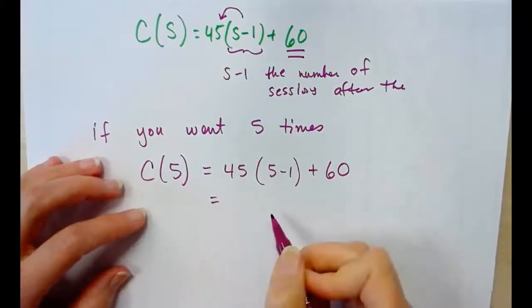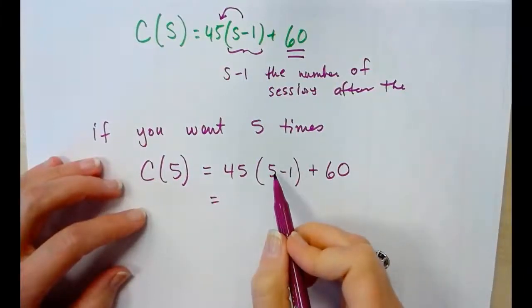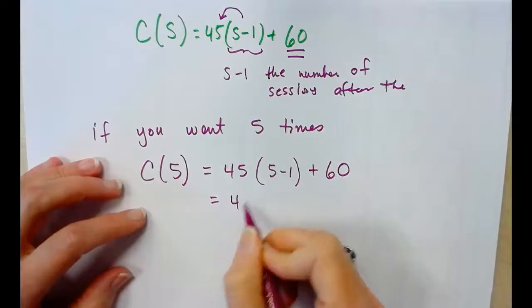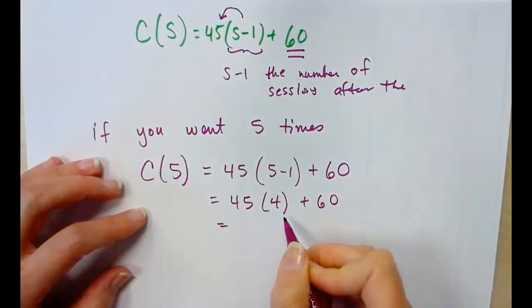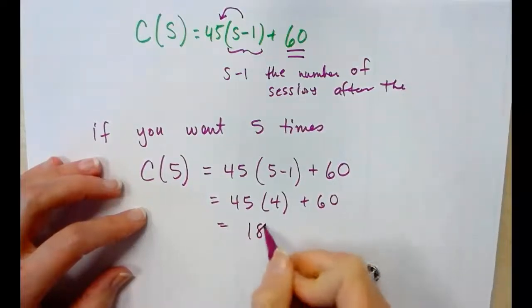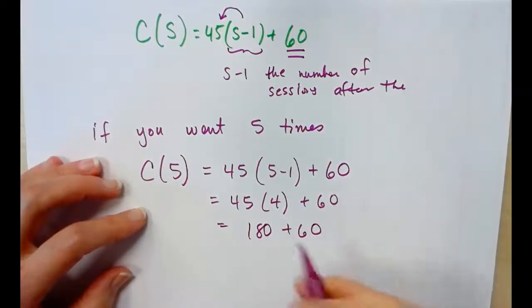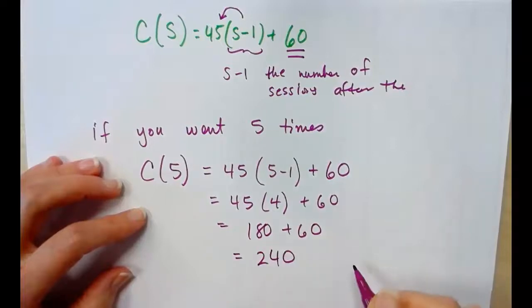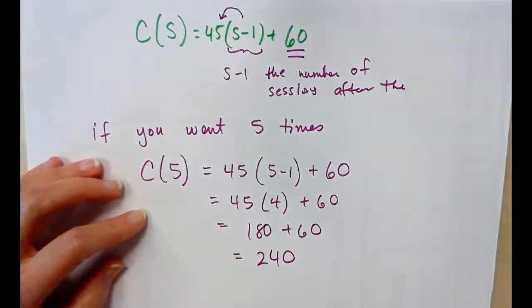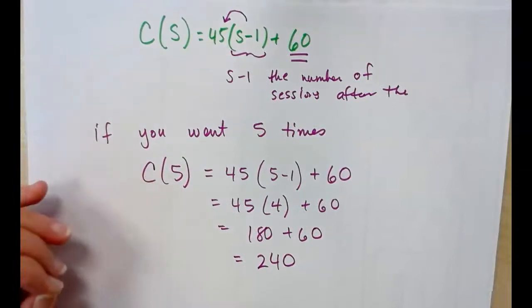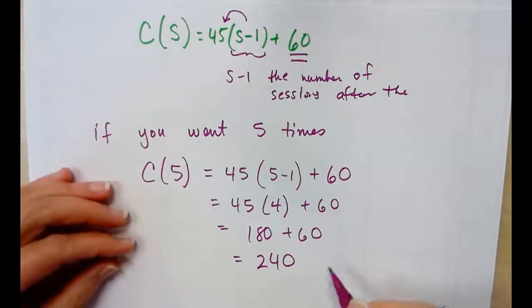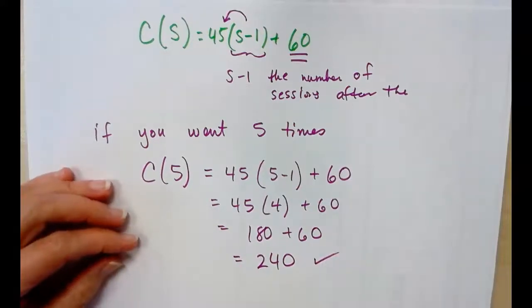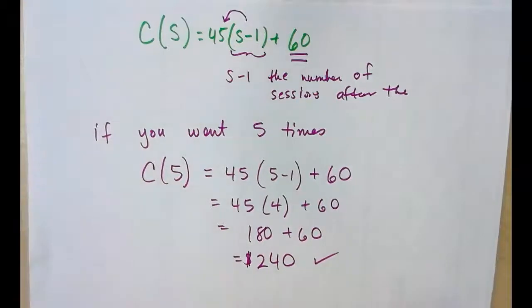So follow order of operations, do what's inside the grouping symbols first. 5 minus 1 is 4. And 45 times 4 is the same as 90 times 2, which is 180. 180 plus 60 is $240. So if you found a personal trainer who charges $60 for the first session and then $45 for each subsequent session, if you went 5 times total, you would pay $240. And that is function notation.